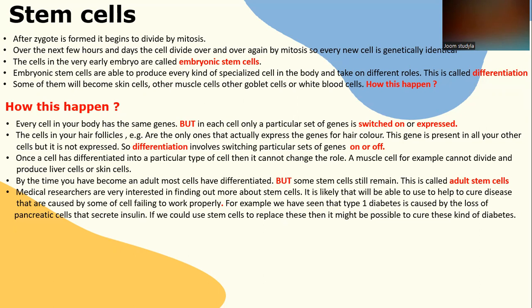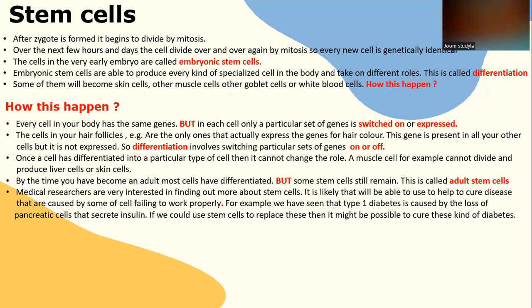So how does this happen? Every cell in your body has the same genes, but in each cell, only a particular set of genes is switched on, or expressed. The cells in your hair follicles, for example, are the only ones that actually express the gene for hair color.